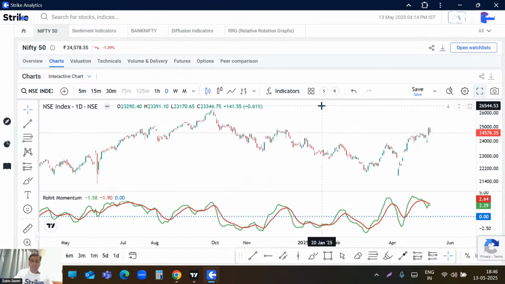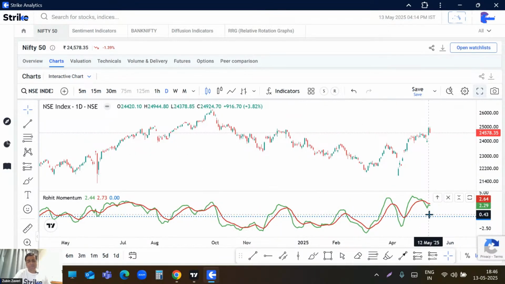The green line is the Rohit momentum indicator and the red line is its average line. For those who don't know, this indicator works like a MACD, where it oscillates within a range, and there is a center line called the zero line. So it goes up and down around the zero line.